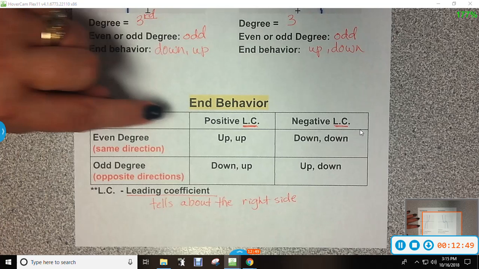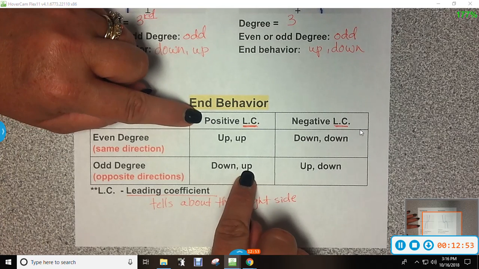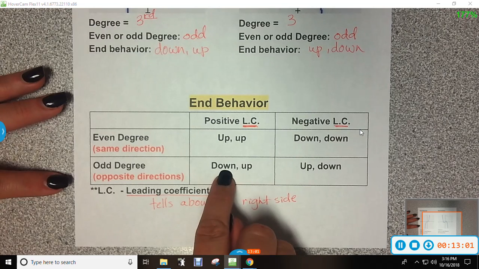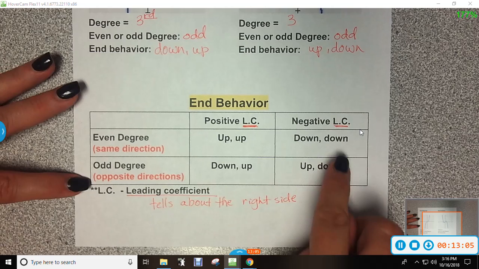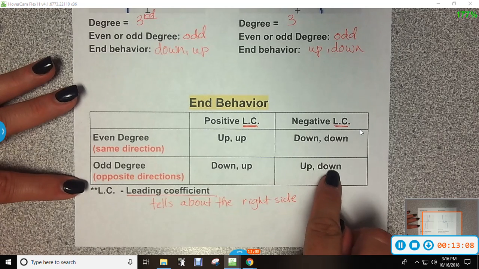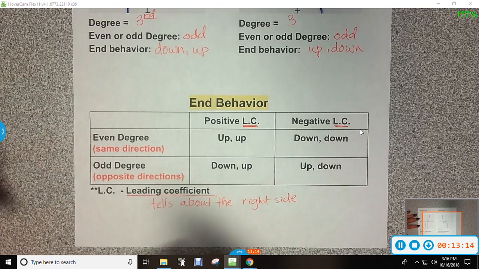So if my leading coefficient is positive, that means the right side is going to go up where the positive numbers are. Since they're opposite and the right side is up, the left has to be down. If my leading coefficient is negative, the right side is going to point down where the negative numbers are. Because they're opposites, the left has to go the other way, which is up.